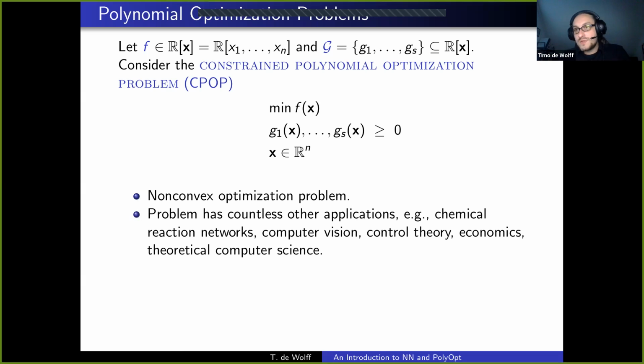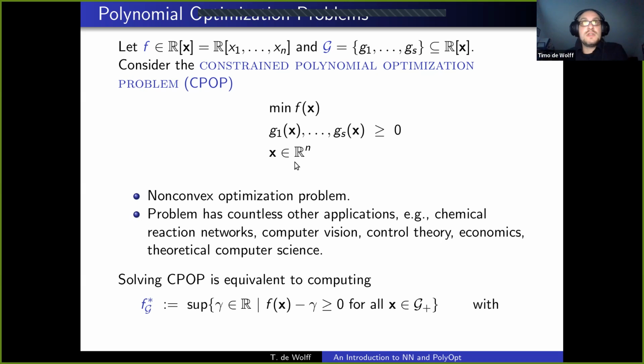And now we make a first observation. We can say, okay, it looks complicated, but at least everything involved is polynomial. So if we have polynomials, that's algebra. So maybe we can use some properties from algebra that might help us in some way, or at least allow us to say something about the structure of these problems. Here's an observation. If we look at this problem, then we can reformulate it.